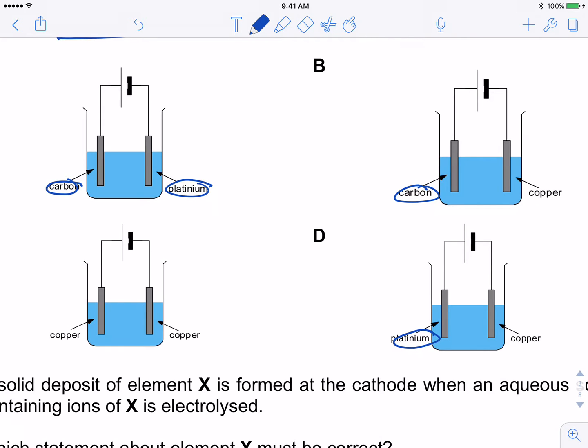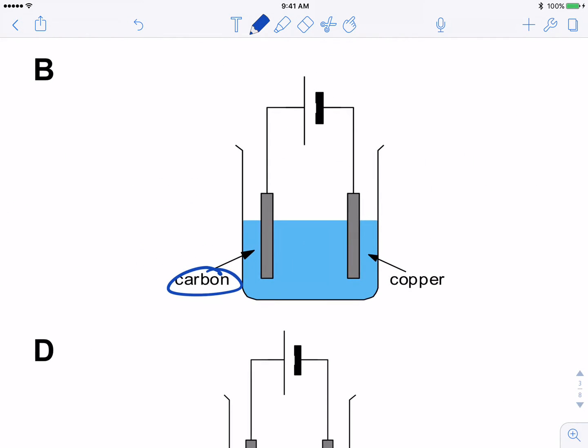Here also inert electrodes. Now, notice carefully where the copper electrode is placed. Here, this is positive, this is negative. So what it means is your Cu2+ ions should move to this side and become copper at this end.